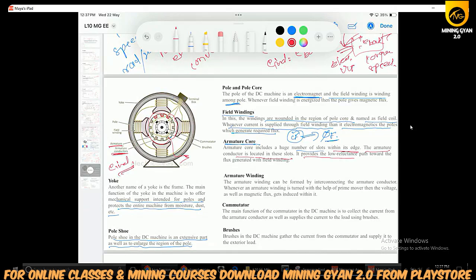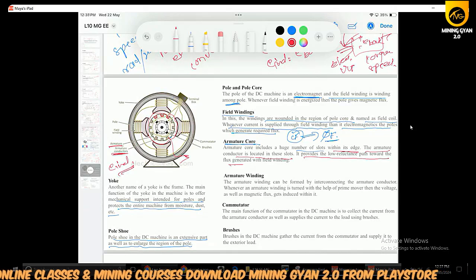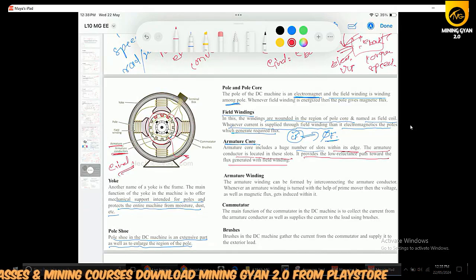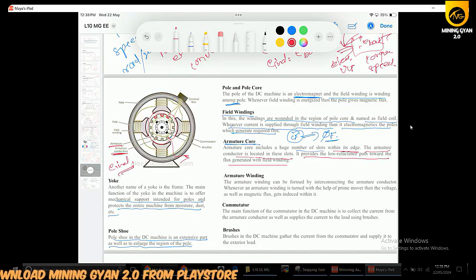It provides a low reluctance path for the flux generated by the field winding, meaning it supports the magnetic flux because it is made of iron, a magnetic material.